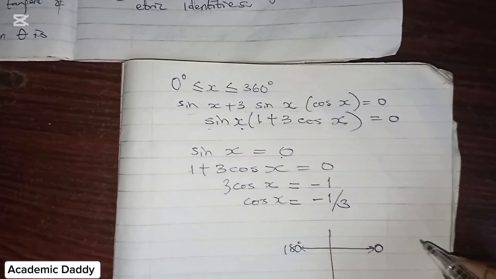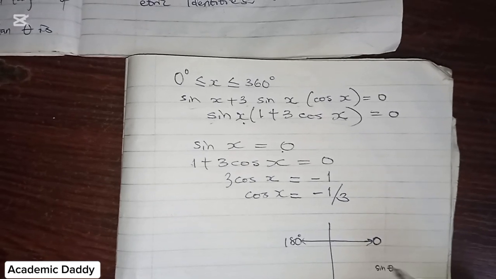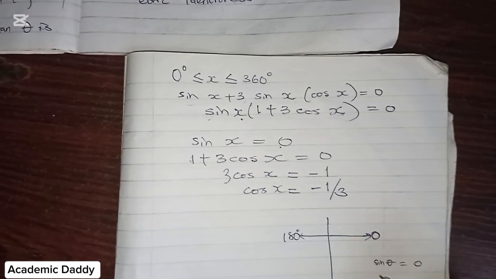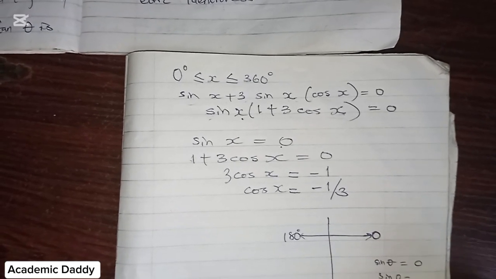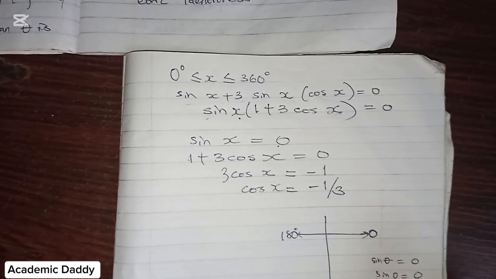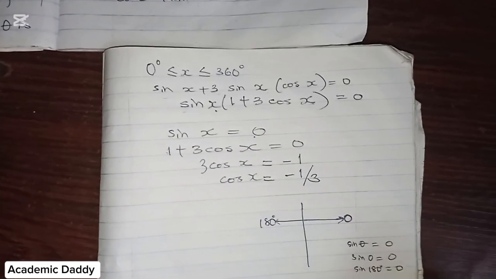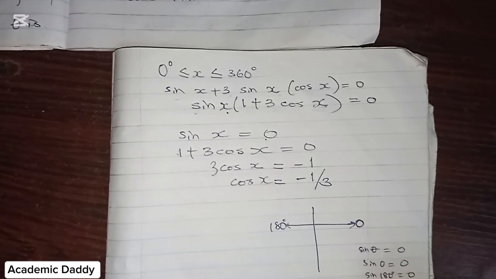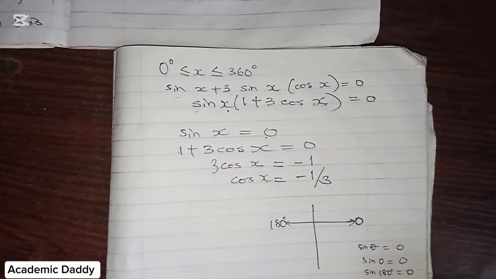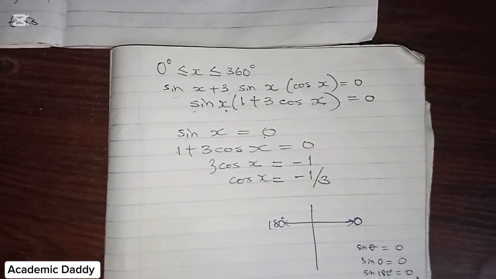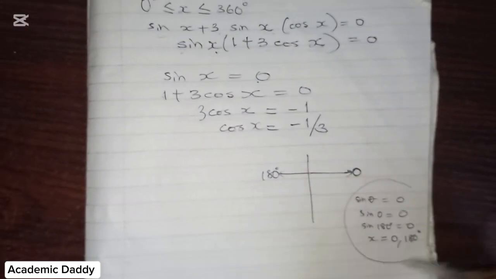That means sine theta equals 0 is the same thing as saying sine 0 equals 0 and sine 180 degrees equals 0. So the values of x in this part are 0 and 180 degrees. So I've gotten that one.